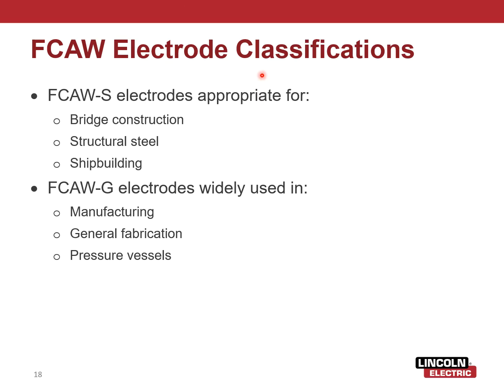So self-shielded electrodes like your NR232, a lot of heavy manufacturing, bridge construction, structural steel construction, shipbuilding, and then your gas shielded, very heavy in manufacturing, general fabrication, pressure vessels, a lot of what people might consider structural stuff, but stuff that can be done kind of in-house because you got that gas shielding, or just thicker fabricated parts, right?